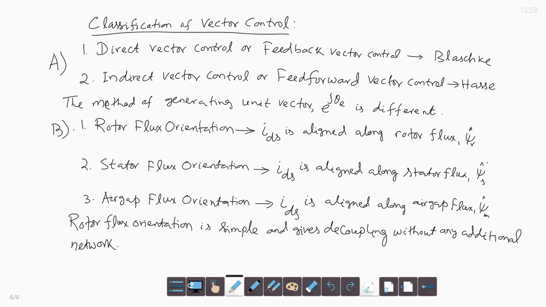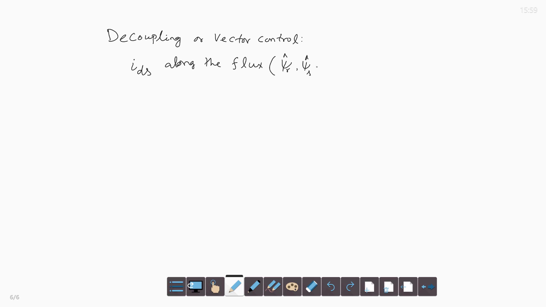Decoupling, or vector control, essentially ensures IDS along the flux. Flux means it can be psi r or psi s or psi m, in rotor flux orientation, stator flux orientation and air gap flux orientation.